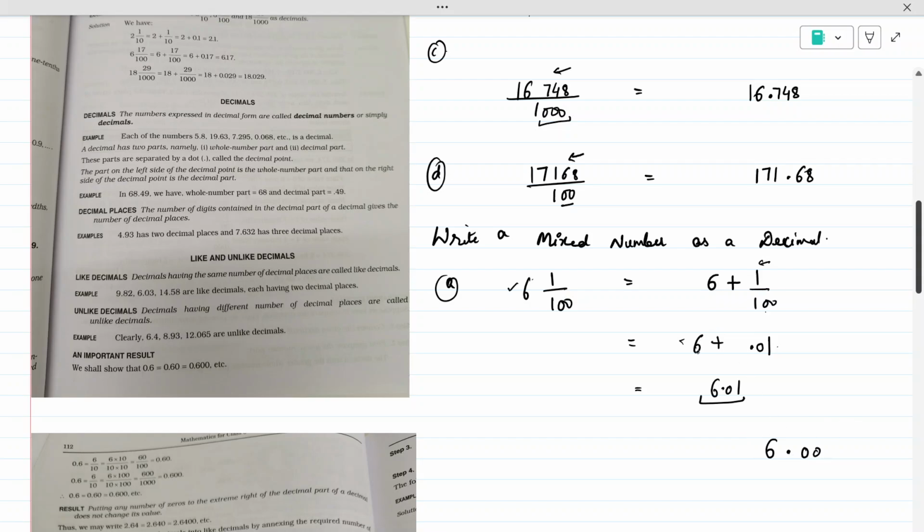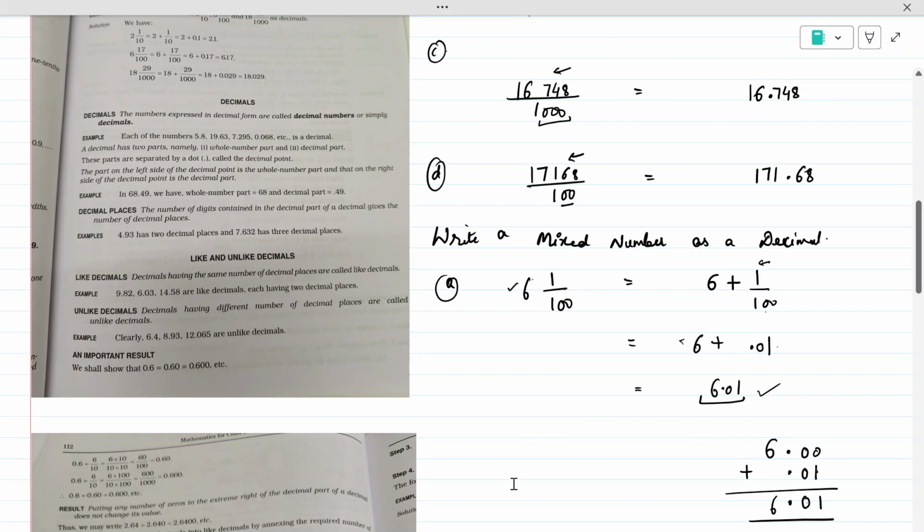Okay, so we can write this 6 as 6.00. To this we are adding this 0.01, so we will get 1 plus 0 as 1, this as 0, decimal, and 6 as this. So 6.01 is the answer after adding this.